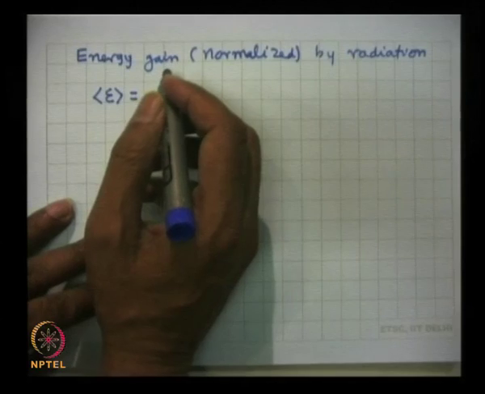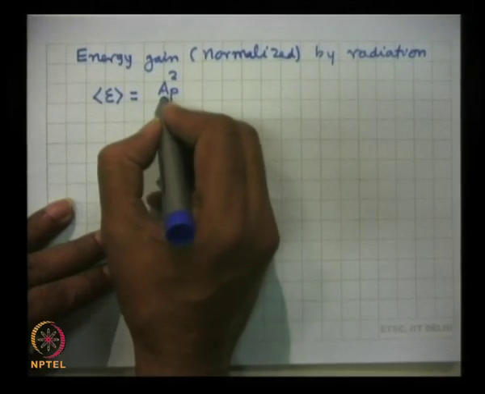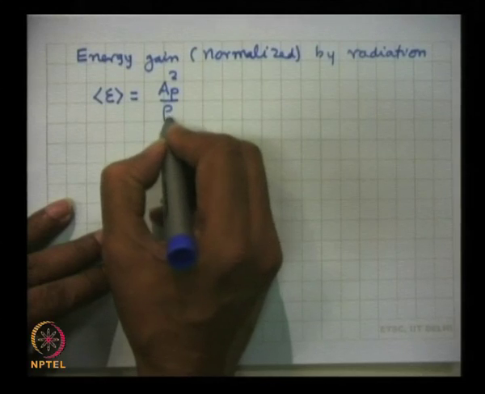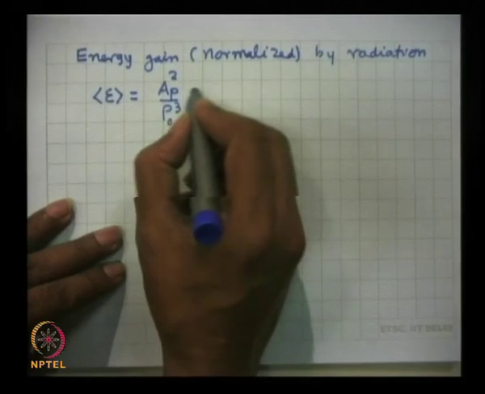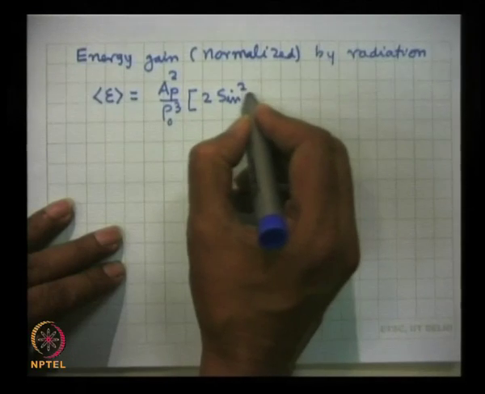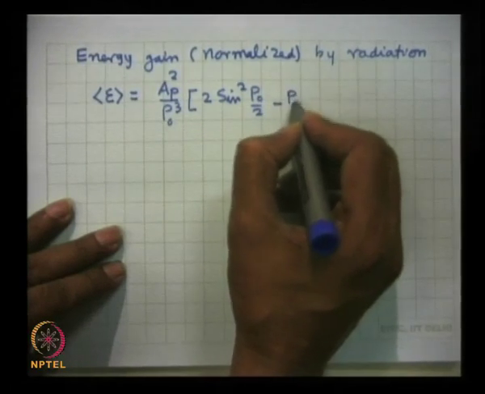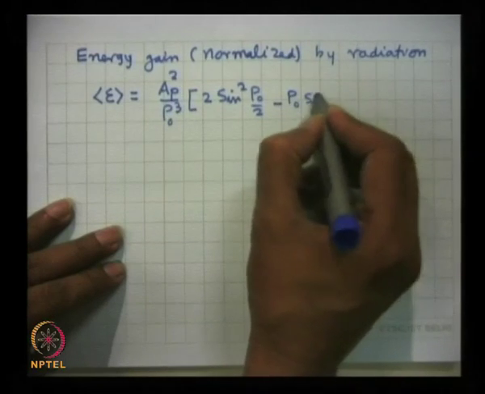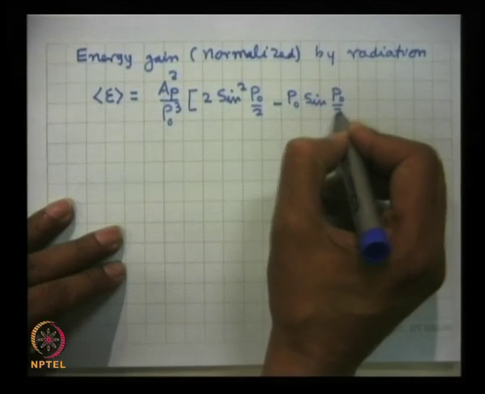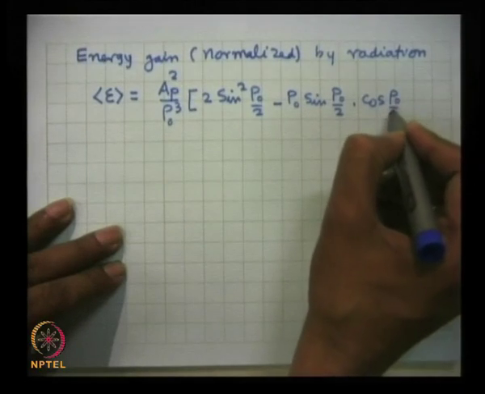It turns out to be A P square upon P0 cube and 2 sine square P0 by 2 minus P0 sine P0 by 2 into cos P0 by 2.